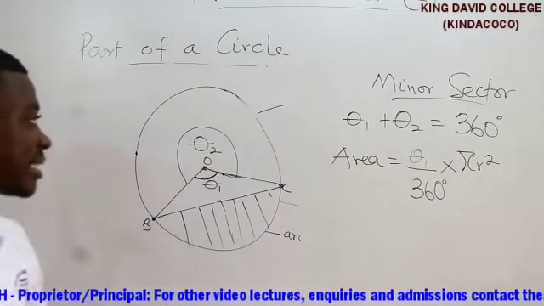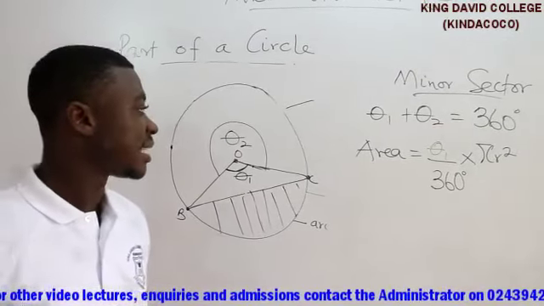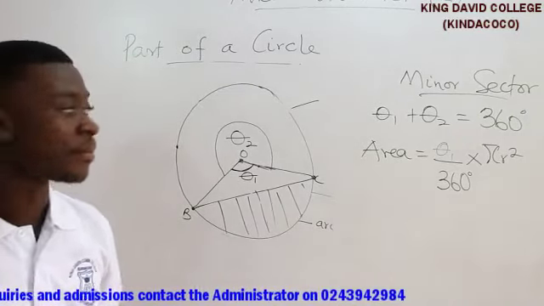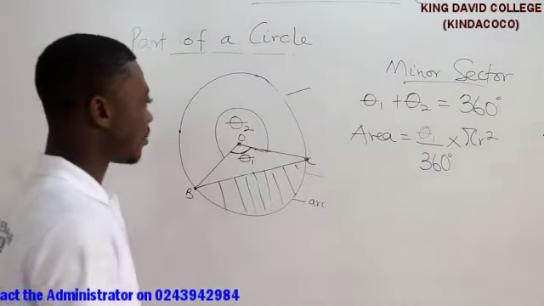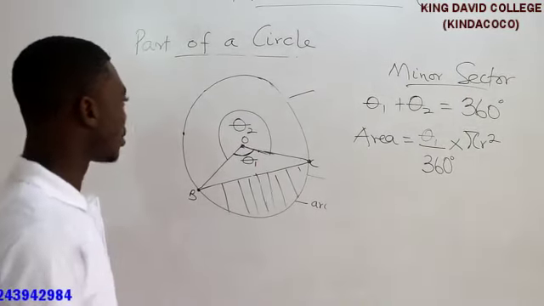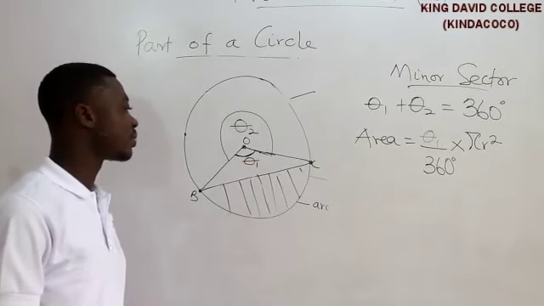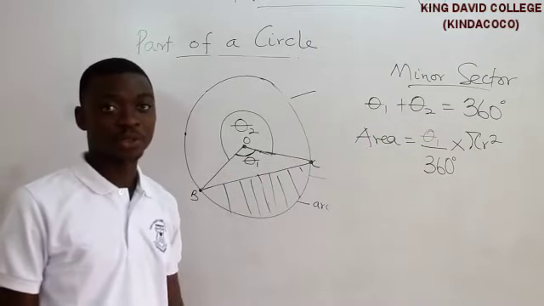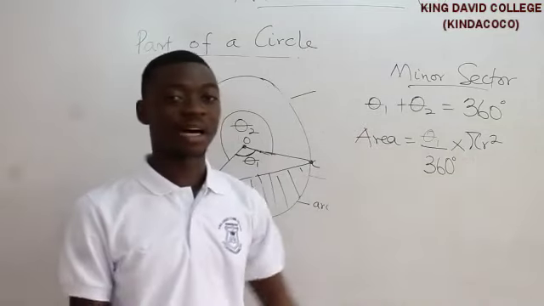So the area is theta 1 over 360 times pi r squared. Any value given to you, you just use it and fix it with your values. We will come to the numerical example, but for now let's generate the formulas we need to use.